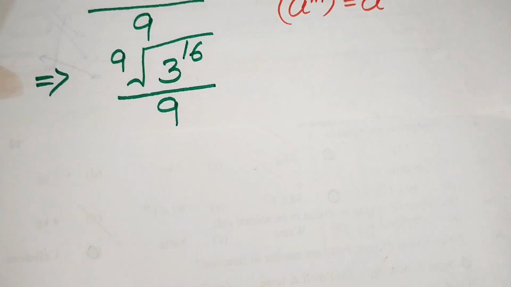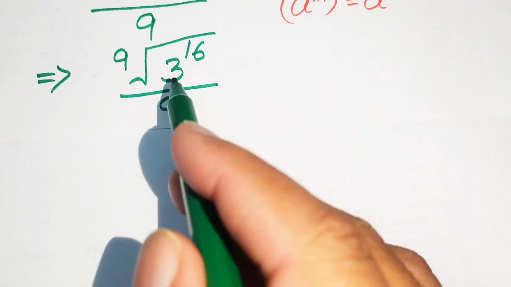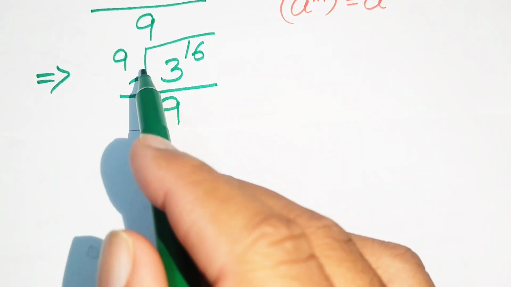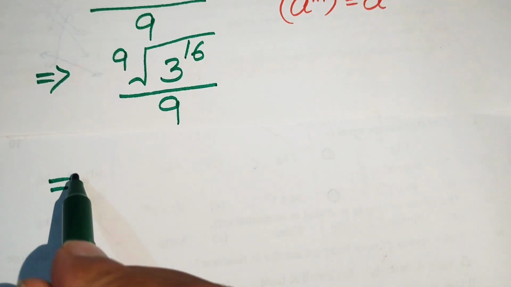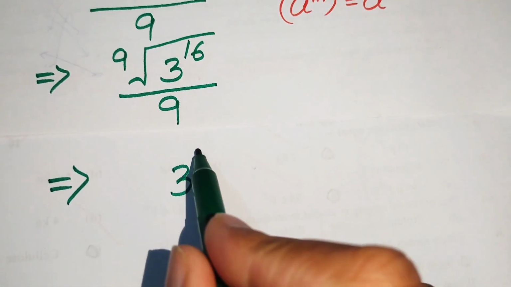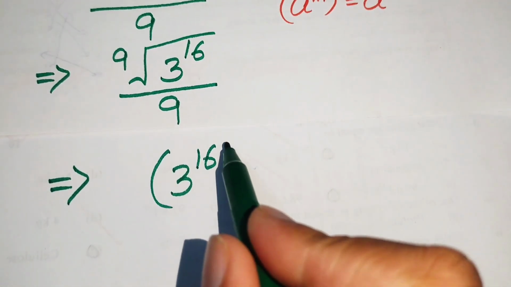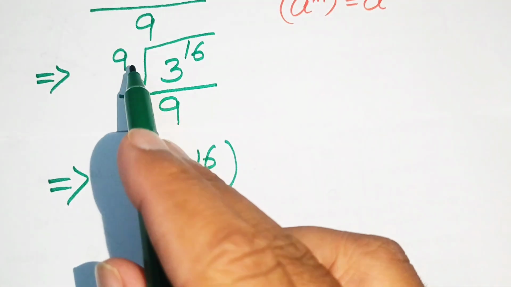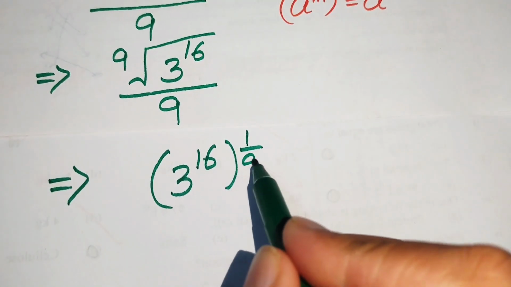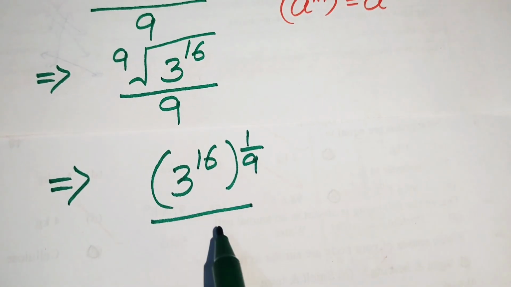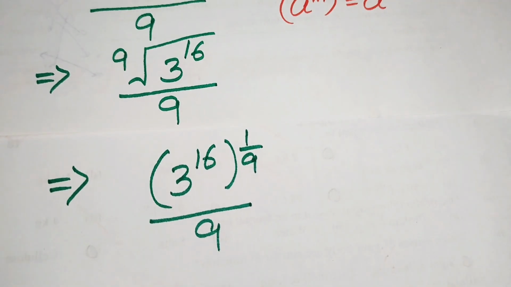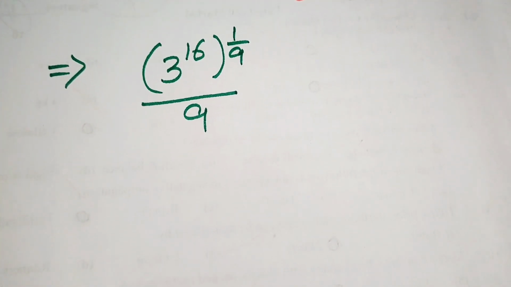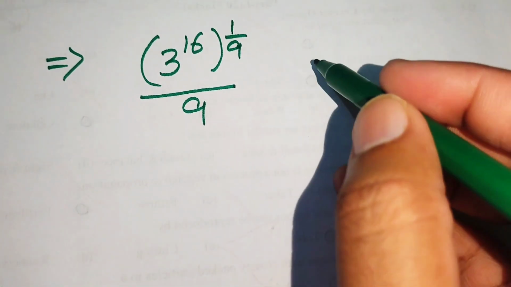And after that, here we just focus on this term, and now we write this radical term into the exponential form, and it is written as 3 to the power of 16, and we write the ninth root in this form 1 over 9, and here our denominator is 9. And after that, here we use another exponential law.